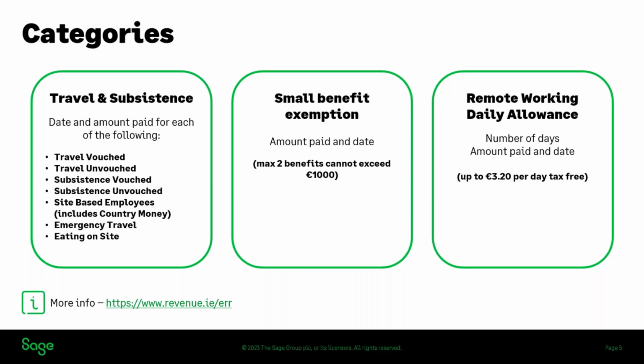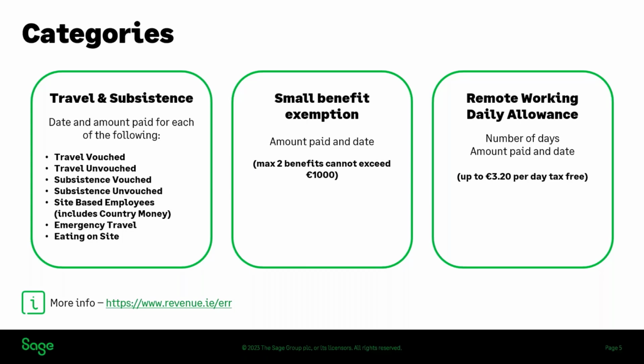So if you're giving them out for this Christmas in 2023, that does not need to be reported because it's not been paid after the 1st of January. But that's something to consider maybe next Christmas, that you will need to report the amount of that small benefit as part of your ERR submission.